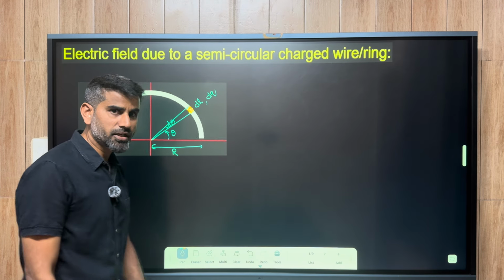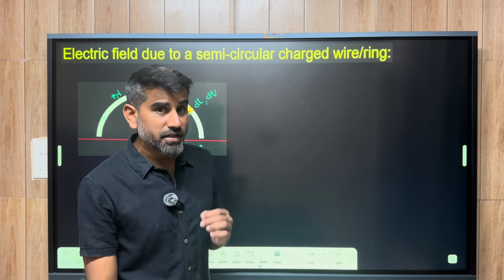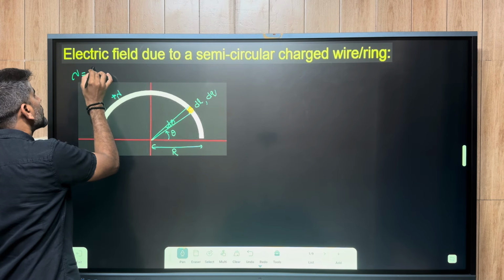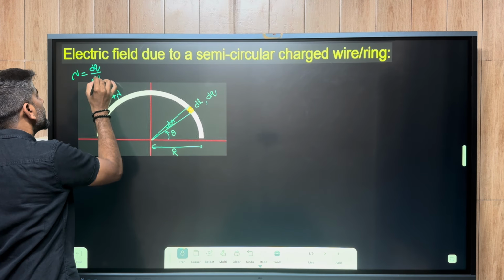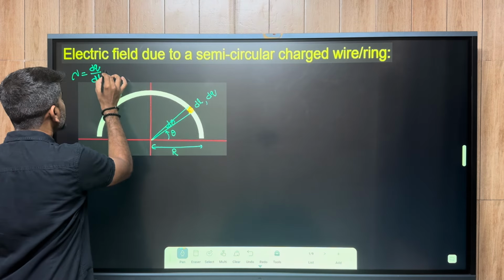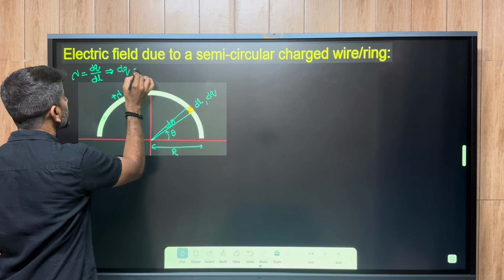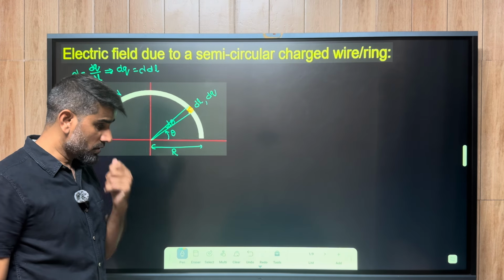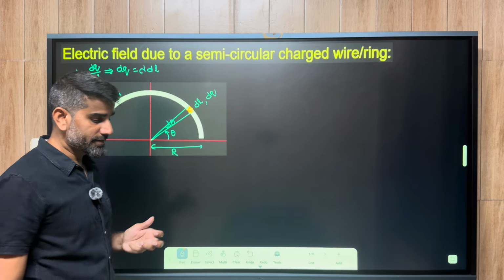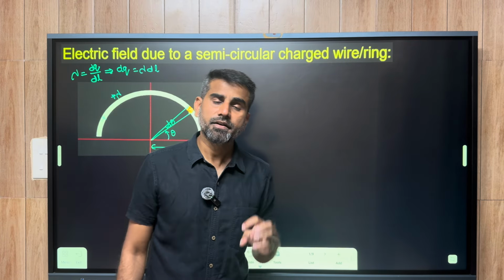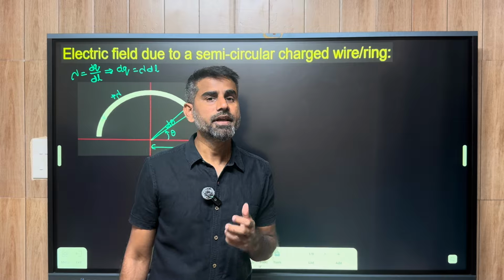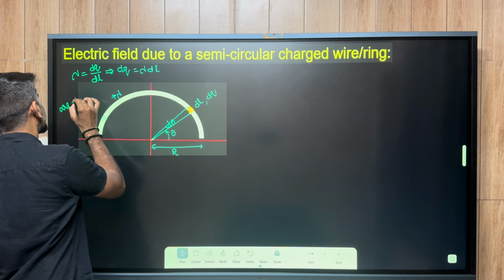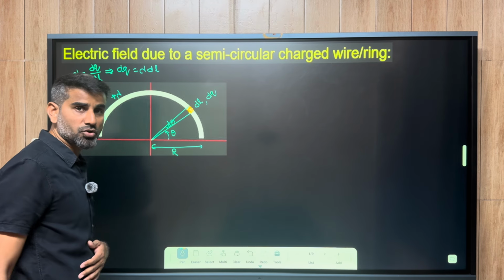From the definition of linear charge density, lambda is equal to dq by dl. If I rearrange this equation, dq is equal to lambda dl. We know the basic formula which relates arc length, radius, and angle: arc length is equal to radius into angle.